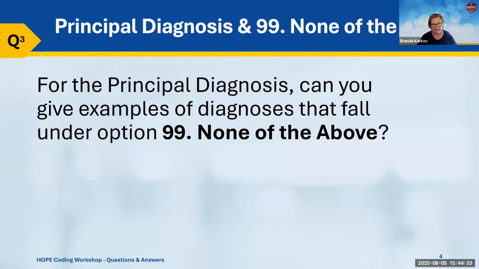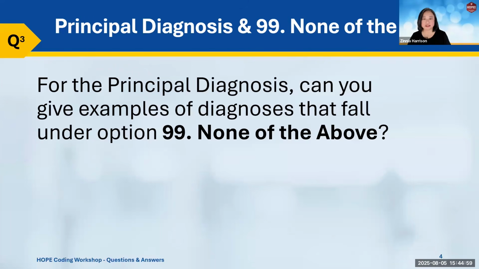You would code 99, none of the above, if the patient's principal diagnosis is a disease that's not listed. And again, that list, we pulled that together from some very common hospice diagnoses. And I think that it bore out when we actually did the testing with the HOPE instrument. So most of those are going to fall under those conditions we have there.